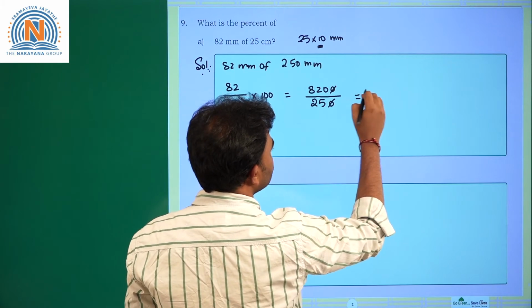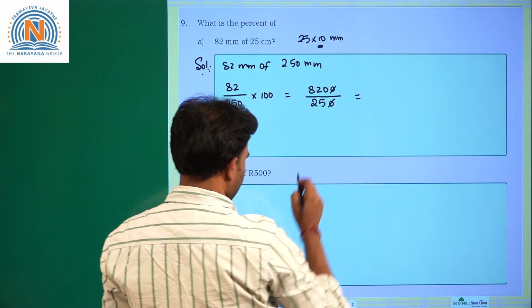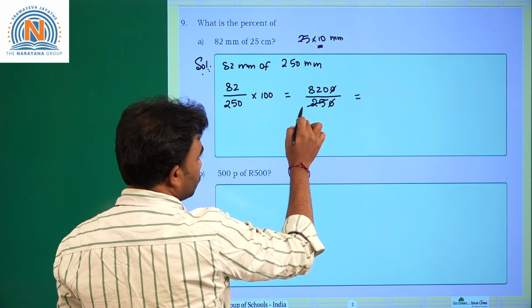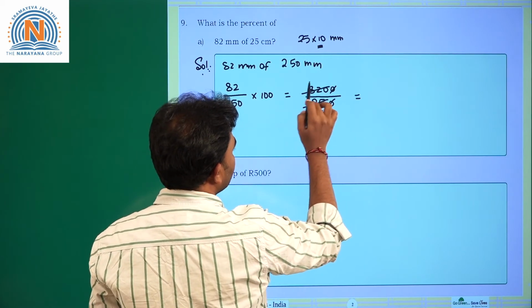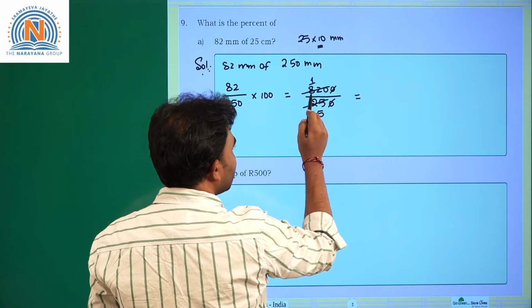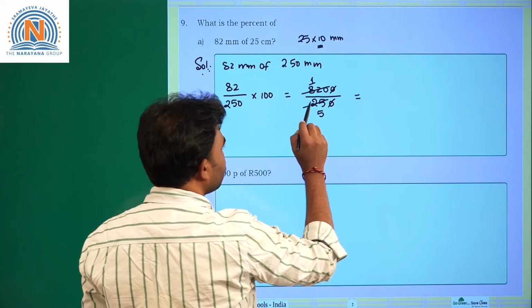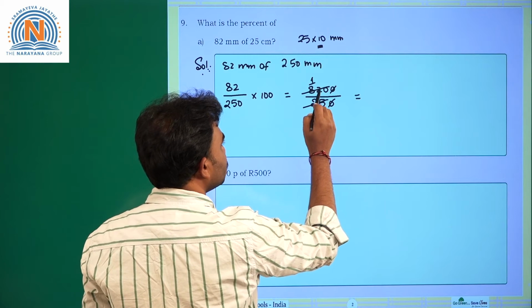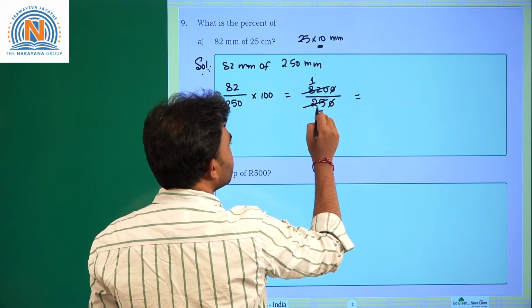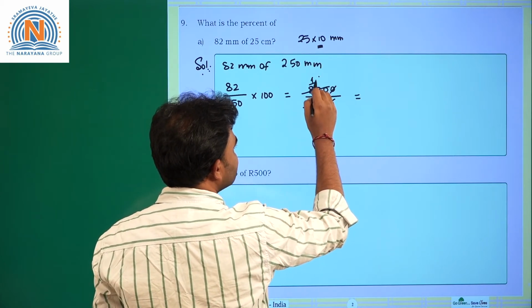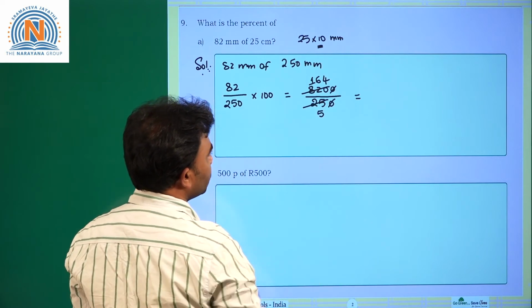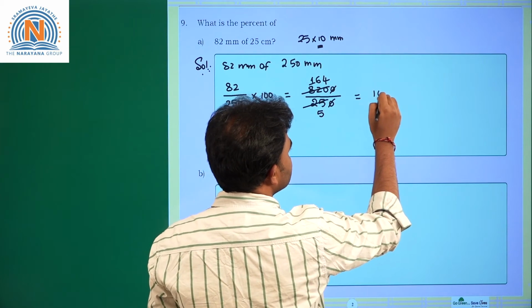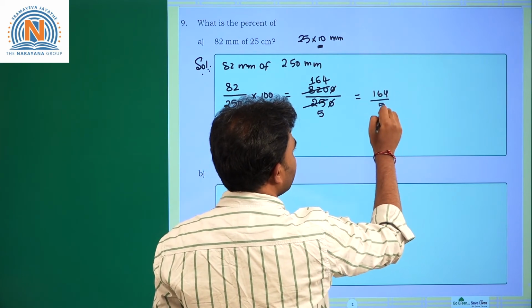Again 5 with 5 also we can cancel. 5 fives 25, 5 ones 5, and here 3 will be left. Now 32 will be there. So 5 sixes 30 and 5 fours 20. Then 164 by 5 will be there.